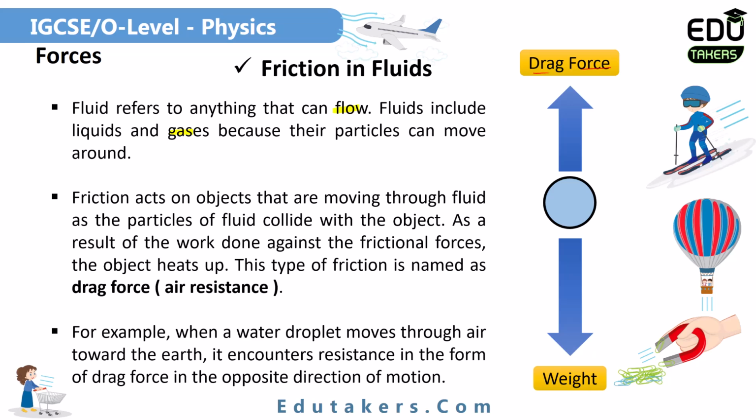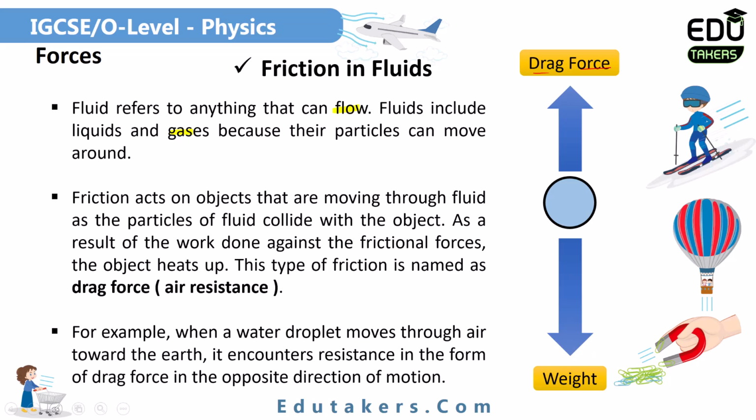Because of this drag force, this droplet slows down. Because of this slowing down, the droplet attains the terminal velocity, which is a constant velocity. So I can simply say that here the drag force plays the same role as that of the friction because it opposes the motion of this falling droplet as well as slows it down.